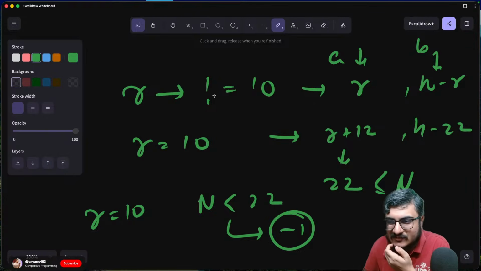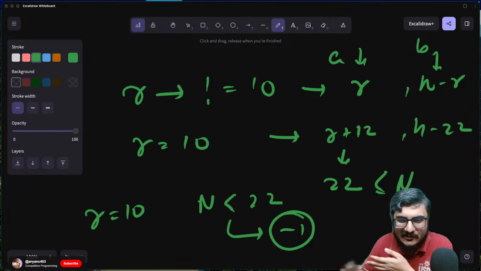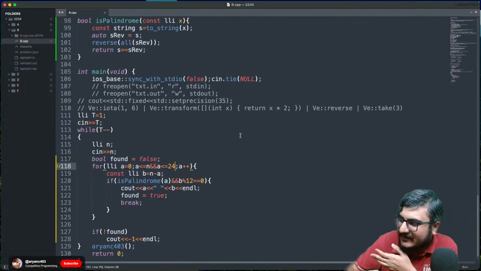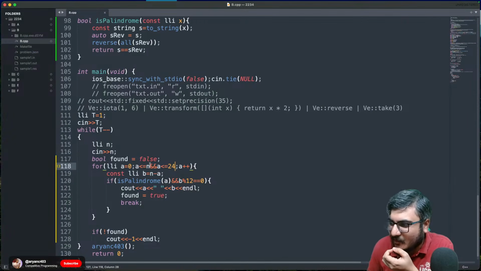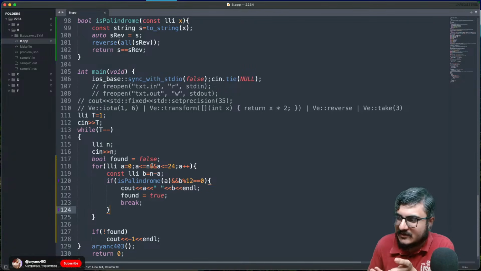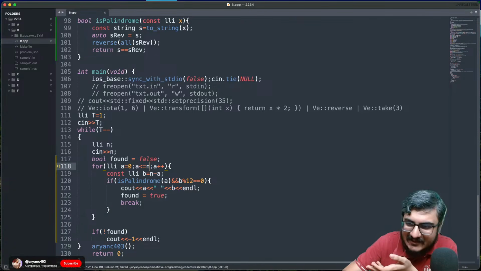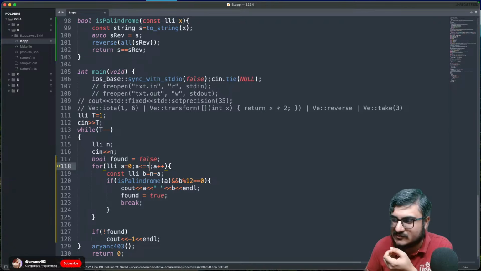So n is 118, but the idea is that even with a brute force, if you cannot figure out how to solve it, you can get an AC, because what we have established is that we will always find a solution when either a is less than or equal to 24, or n itself was less than 24. So you can print -1, since you have analyzed all the possibilities, and this is where we are.